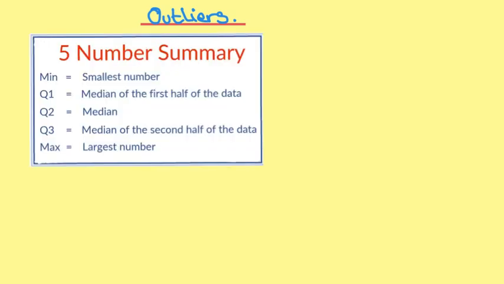The 5-number summary is the minimum value, which is the smallest number in a data set, Q1, which is the median of the first half of the data, Q2, which is the median of all the data, Q3, which is the median of the second half of the data, and the maximum, which is the largest number in the data set. We will be using all 5 when we calculate an outlier.